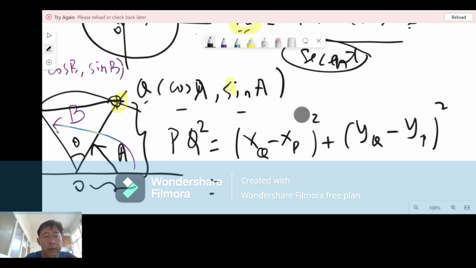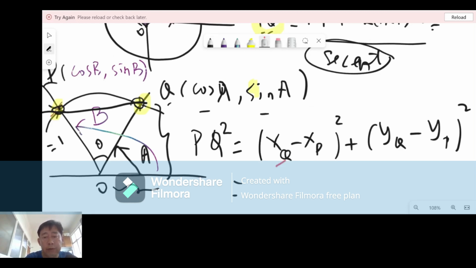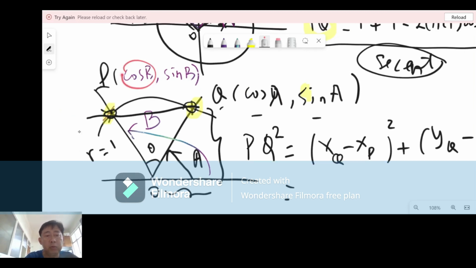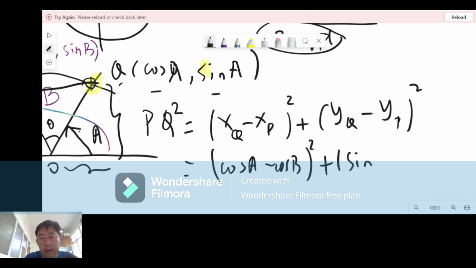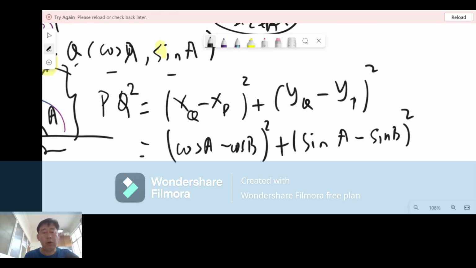The x coordinate of Q is just this one, the x coordinate for P is just this one. So then I can write down (cos A minus cos B) the whole thing squared, plus (sine A minus sine B) squared. Now I have obtained the length of PQ squared in terms of cos and sine.